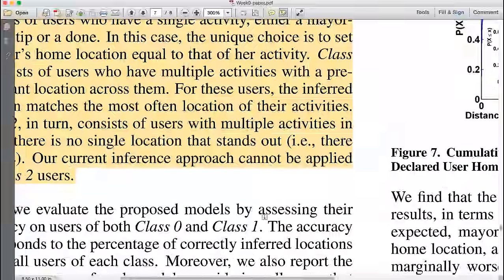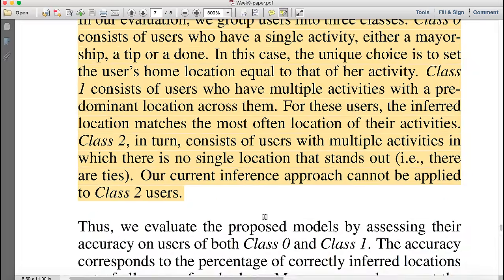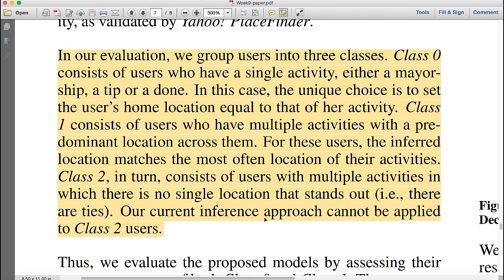Here is the scheme that they followed. They put the data into three buckets: class 0, class 1, and class 2. Class 0 is the users who have a single activity, either a mayorship, a tip, or a don. They only have one activity in the data set.